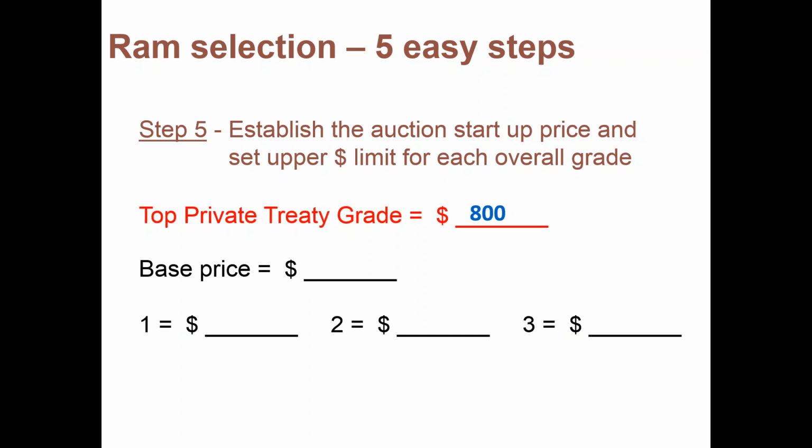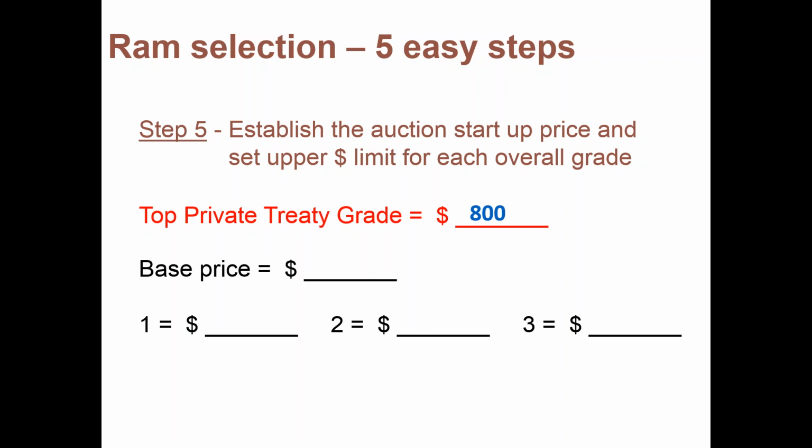There is a way of just simply doing that, or you might have a limit that you're applying because of a budget situation. But whichever process you need, I don't think you can sensibly look at all the rams in the catalogue that you think are suitable to take home and be prepared to pay the one price for them, because again, that would suggest they're all equally as good as each other. So once you've got your grade on the rams, then you can apply a price limit to each of those grades.